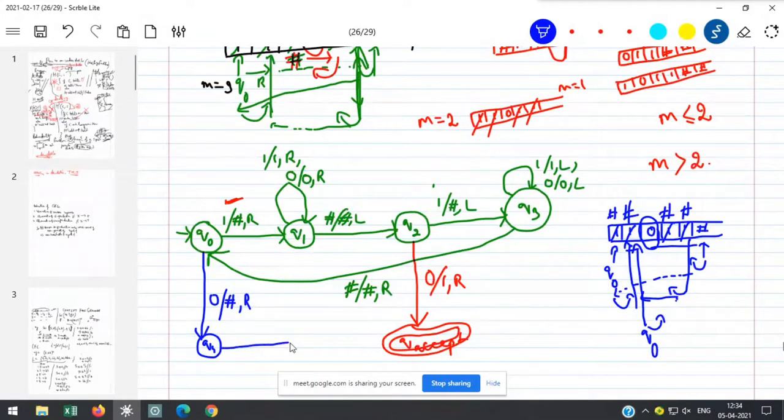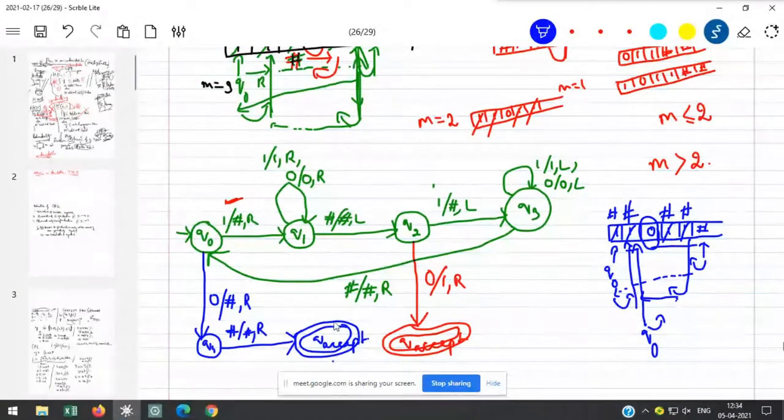And then if you're finding hash, don't do anything, move towards the right side, and that is the QX. A few might be confusing, I know. Please go back and check it by yourself.